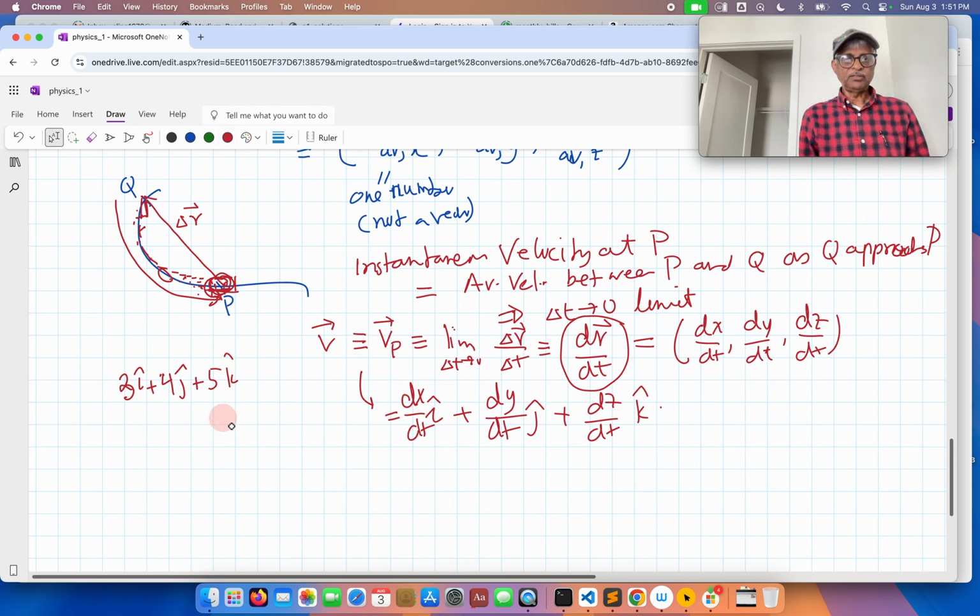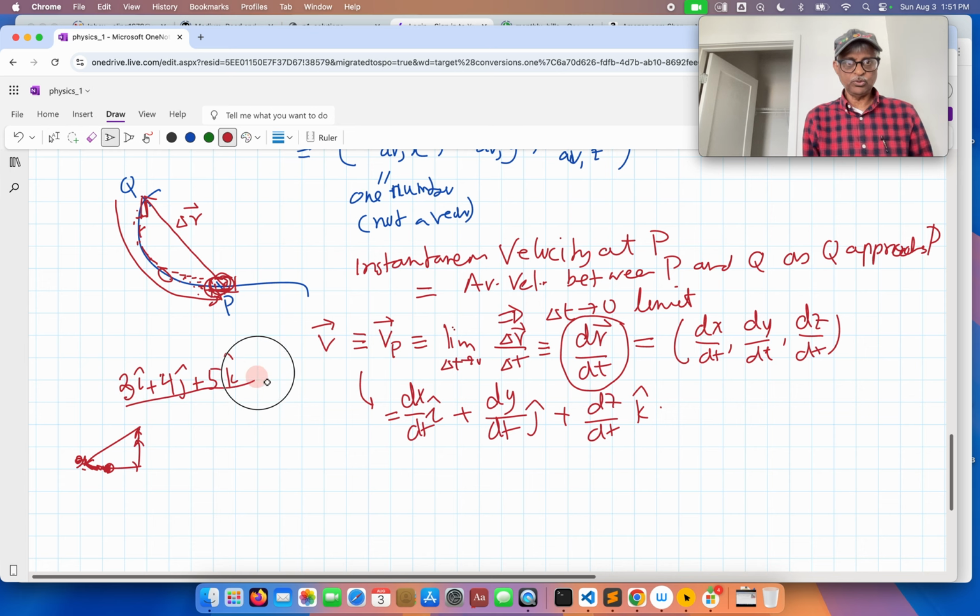Such a vector you can write so: I went 3 i hat this way, then I went 4 that way, and so I went from here to there. This was the beginning and this was the end. So this whole vector will be just this vector over here, right?